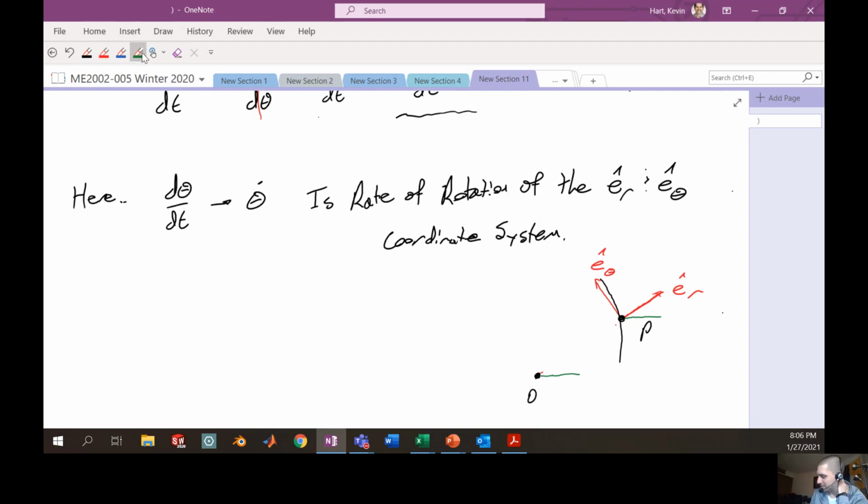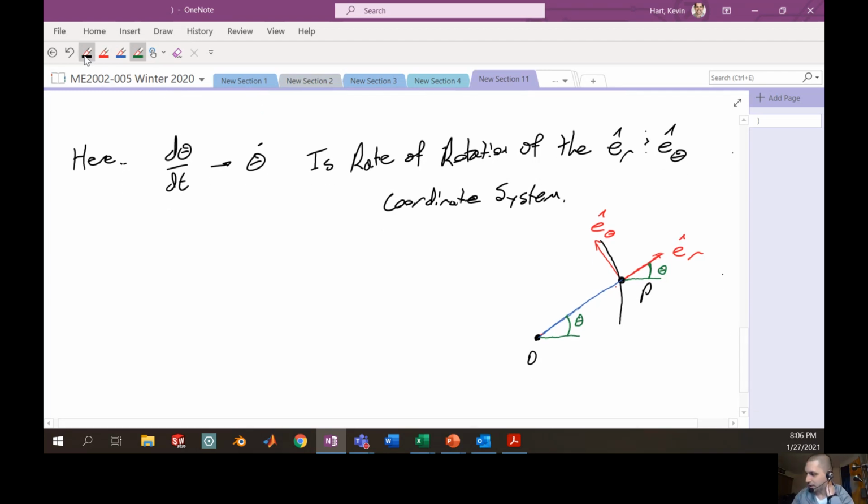Now, it's sort of obvious to see that this particular angle here, theta, would also match that exists back at point O, here, theta.